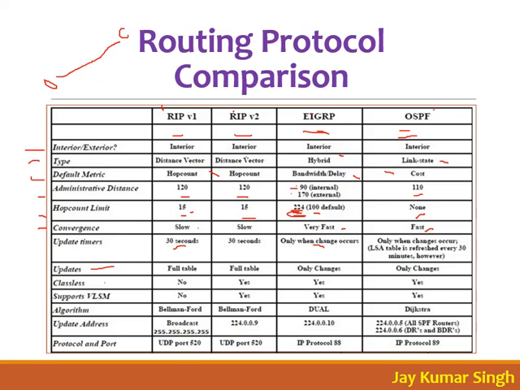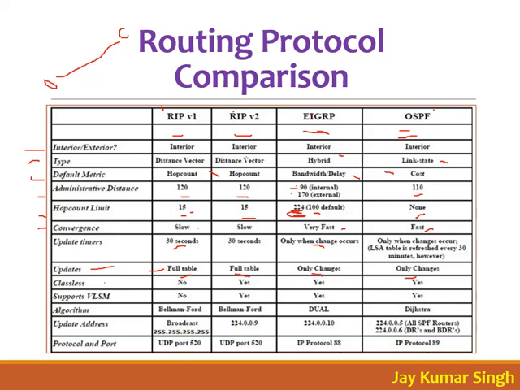For RIP, it is the full update. RIP updates everything if there is a single change, and here also they update full, but here only the changes. So EIGRP and OSPF are better than RIP.